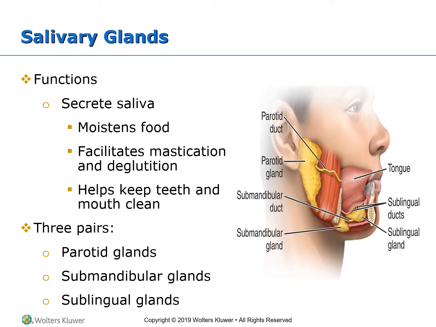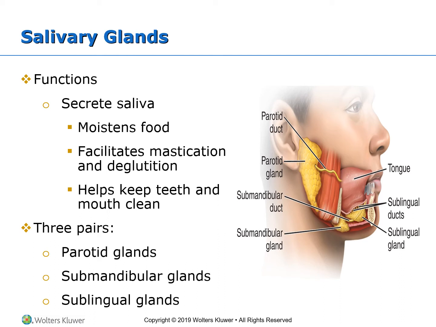Saliva is that watery solution that is used to moisten the food and will facilitate the chewing, the mastication. And by moistening the food and making it into a round bolus, it will facilitate the swallowing, the deglutition.